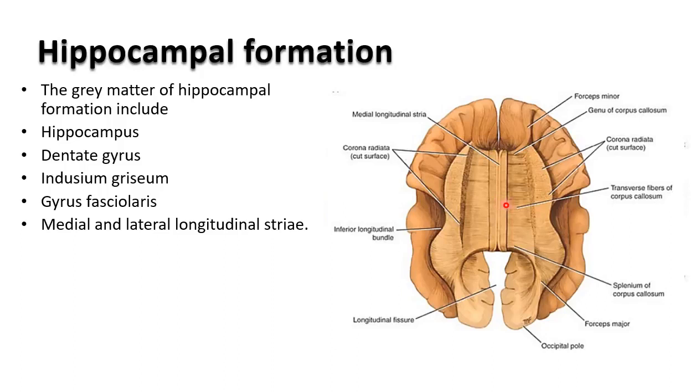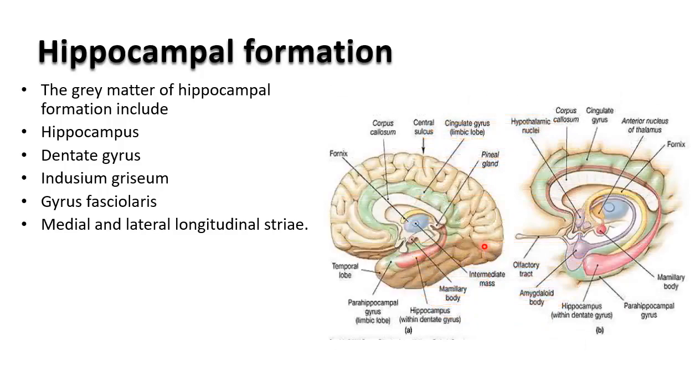They are actually displaced parts of your hippocampal formation, the limbic system. It should have been below in the temporal lobe, but they have been displaced because the corpus callosum is intervening. That is why this part of the hippocampus, which should have been here, has gone above because of the development of the corpus callosum.